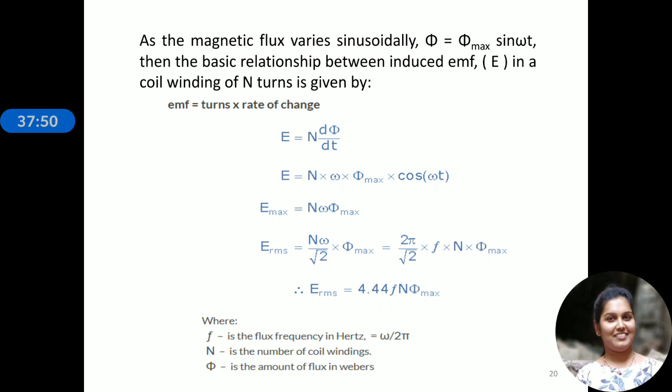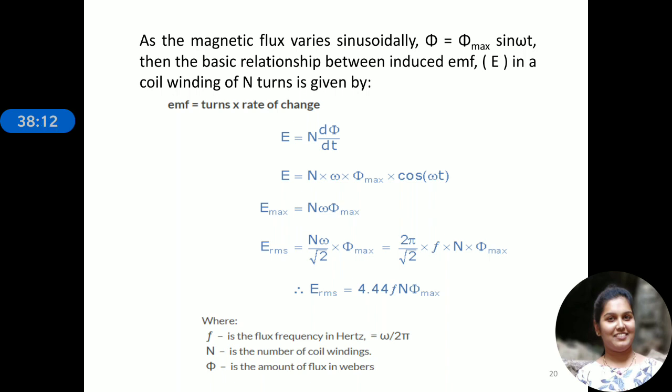So EMF E can be written as E is equal to N into d phi by dt, where d phi by dt can be written as omega into phi max cos omega t. This can be simplified as N omega phi max, which is equal to E max.